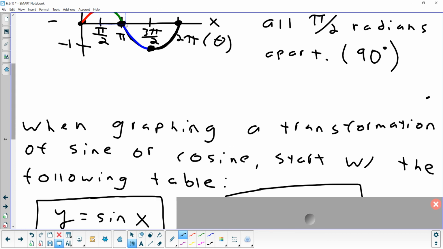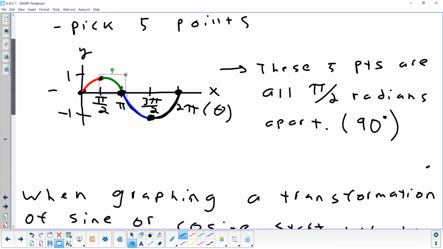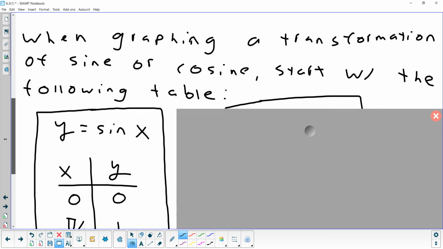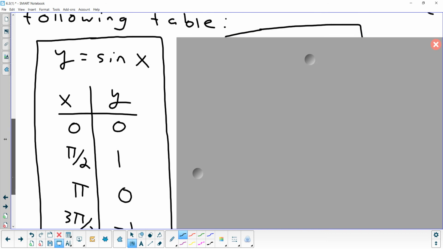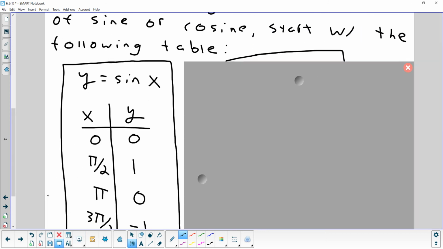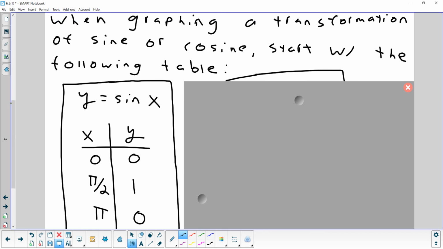Let's put those in a table. Whenever we graph a transformation of sine or cosine, start with the following table. The table I'm going to give you on the left is a table of these 5 points in that picture. 0, 0. Pi over 2, 1.